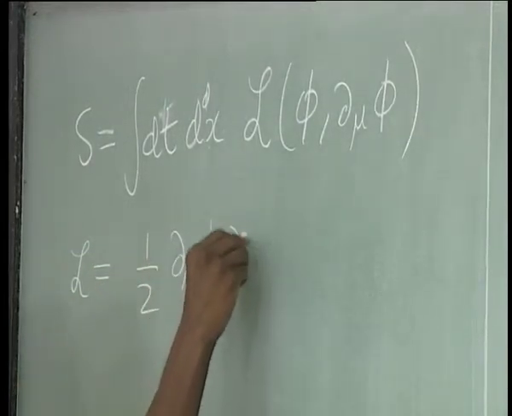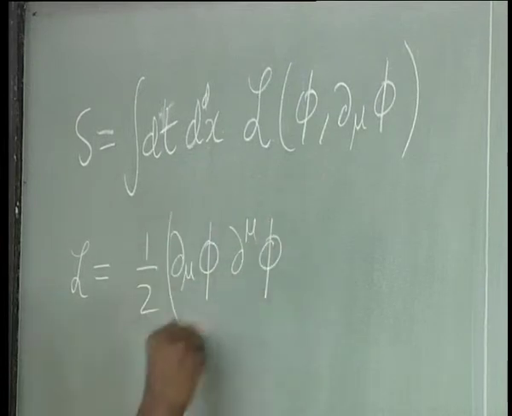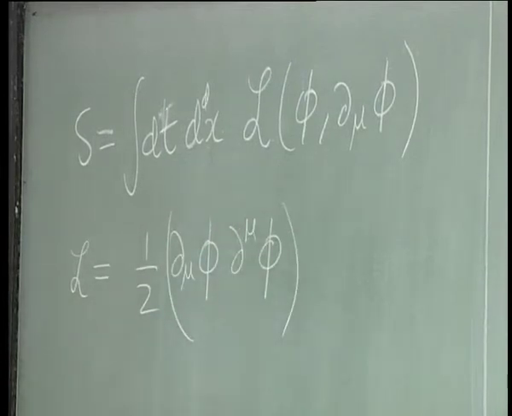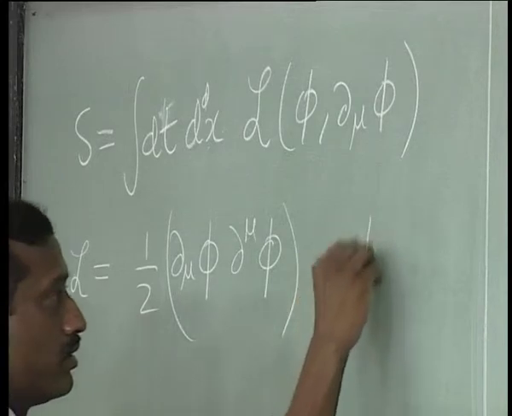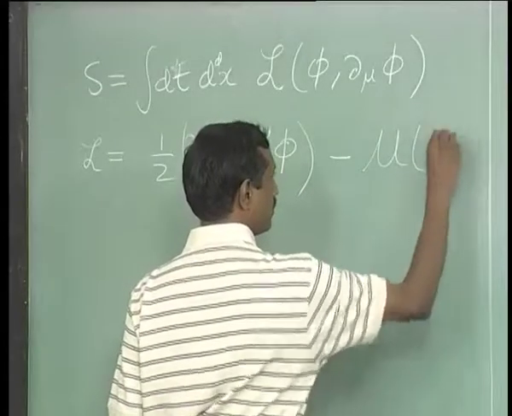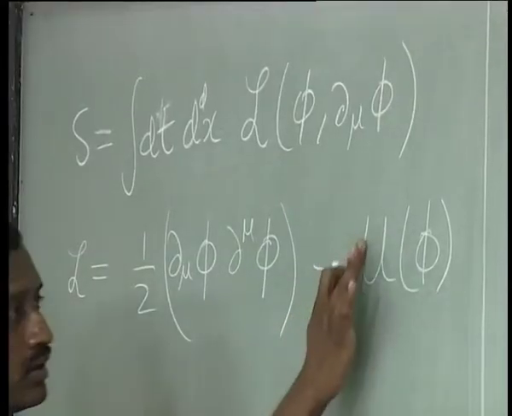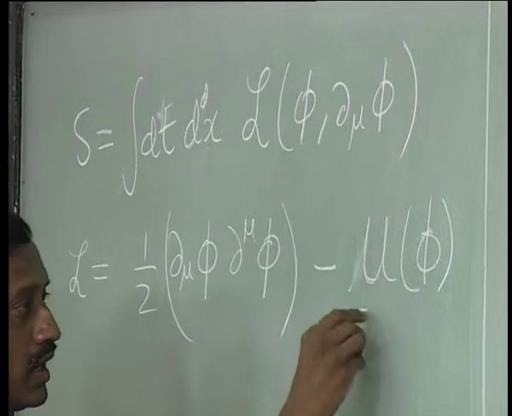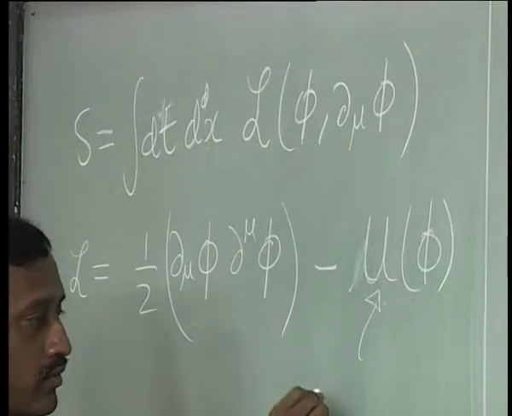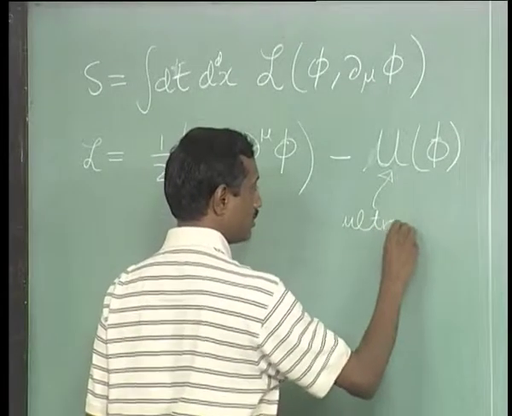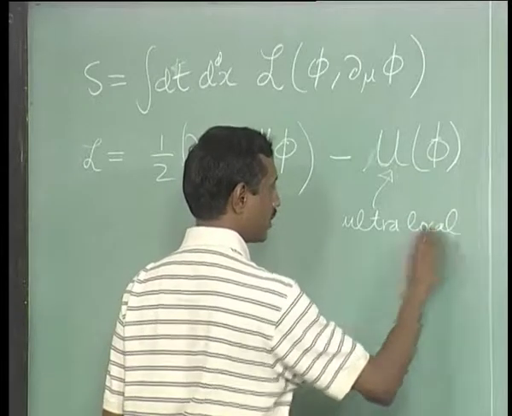the spatial and time derivatives combine to give you this Lorentz scalar, and all that remained, if you restricted yourself to two derivative pieces out here, is a part which corresponds to the ultra local interaction.